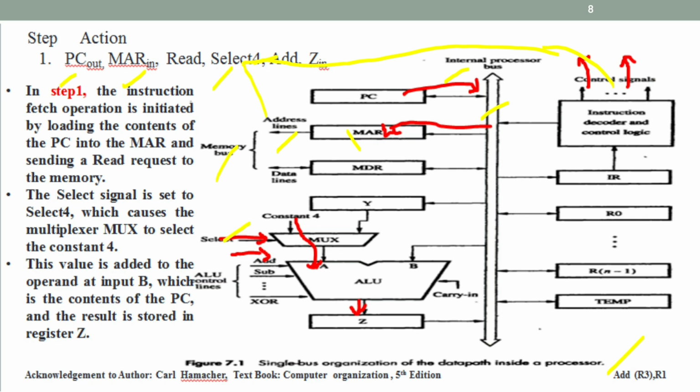It will select this constant 4 as one operand, that is operand A. Next we have the add control signal. It will add A and B, meaning this constant 4 and whatever instruction address was put onto the internal bus. So the next instruction address is generated, and that will be stored in Z because of the Z in control signal. So these are the actions taken by step 1 of the control sequence.